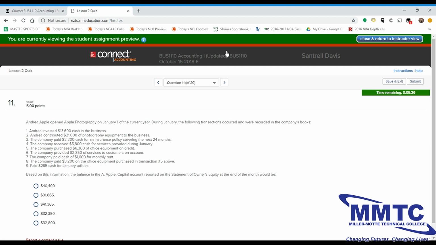So again, the owner's equity report is net income, revenue minus expenses, plus or minus any withdrawals or investments.